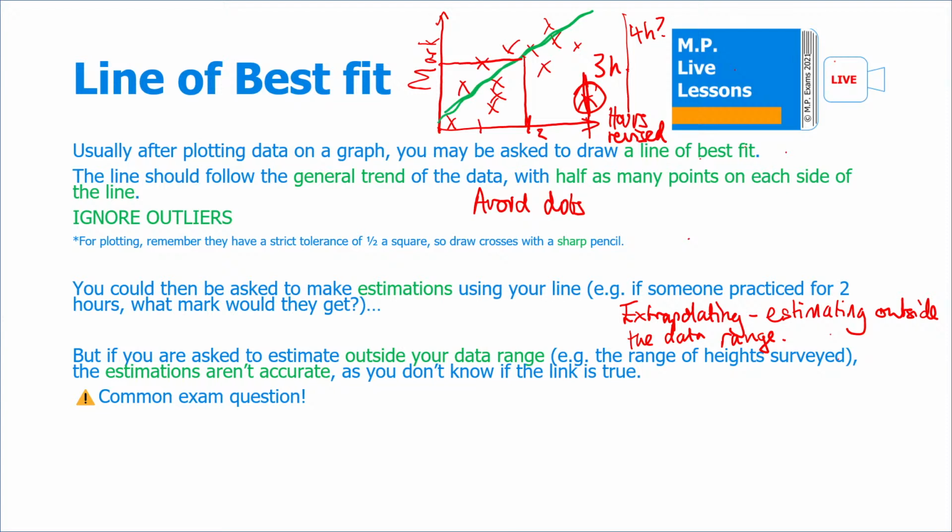For example, it may not increase anymore, it may just flatten off or even decrease. Another example could be estimating the weight of a human that is 3 meters tall. Well, we can't tell, because we don't know of a human that is 3 meters tall, so we can't make a prediction.